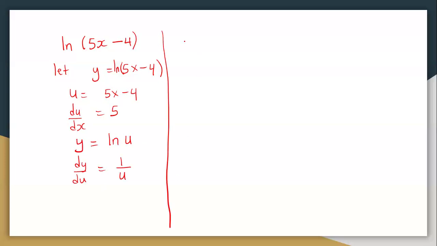Then we apply our chain rule. dy/dx will equal dy/du times du/dx. Our dy/du is 1 out of u, and du/dx is 5. So this will give us 5 out of u, which is the same as 5 over 5x minus 4.